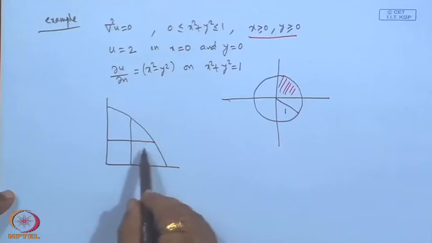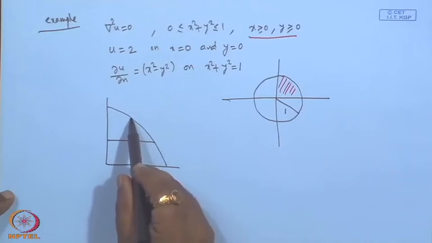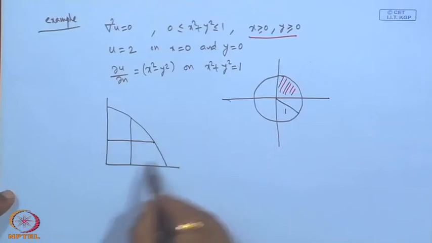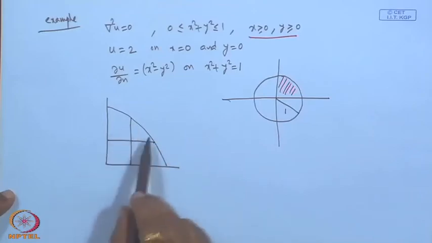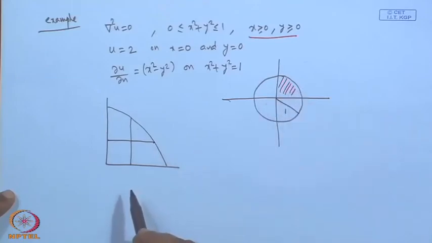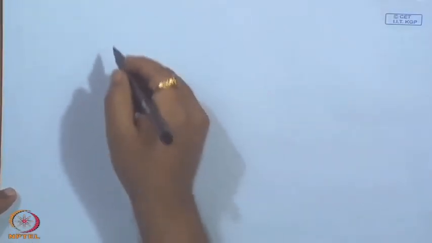So, we have to obtain the solution. However, these points are not coinciding with the grid points. Of course, I have to draw a better one. This gives an impression that these are equal, but in a circle you can obviously see. So, how do we deal with this kind of situation? Let us have a look.